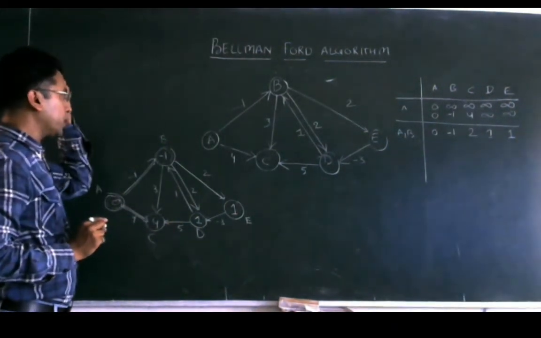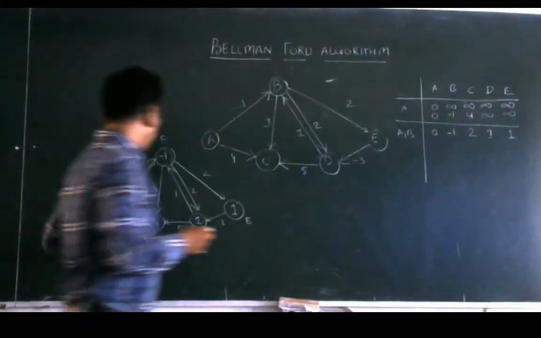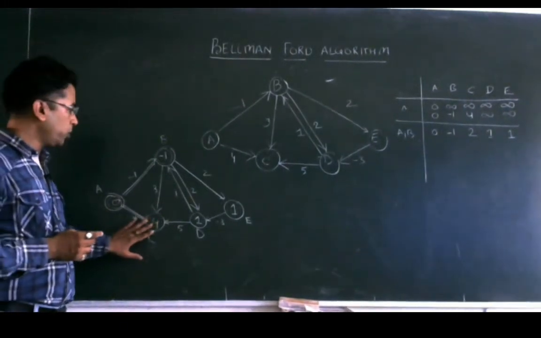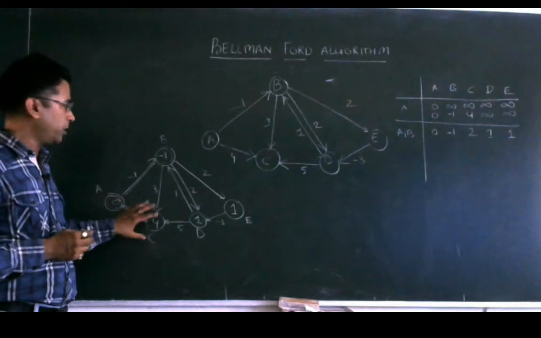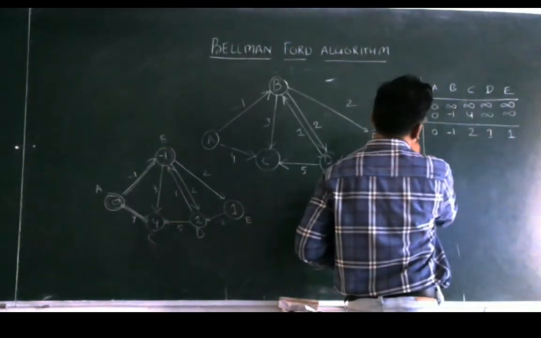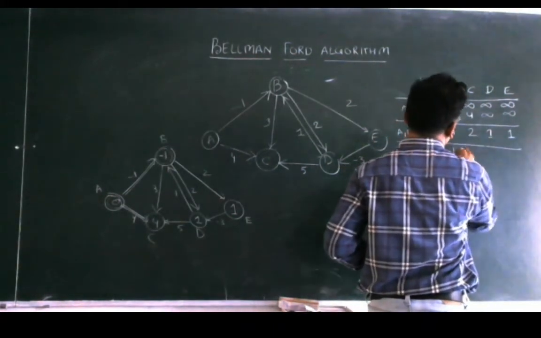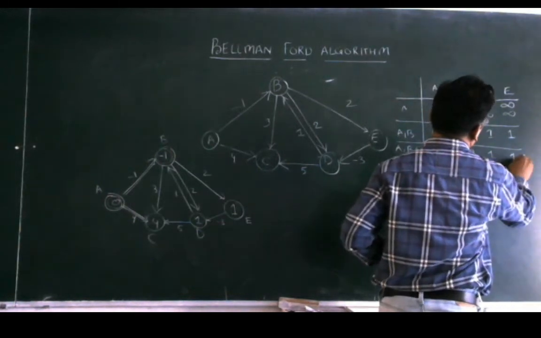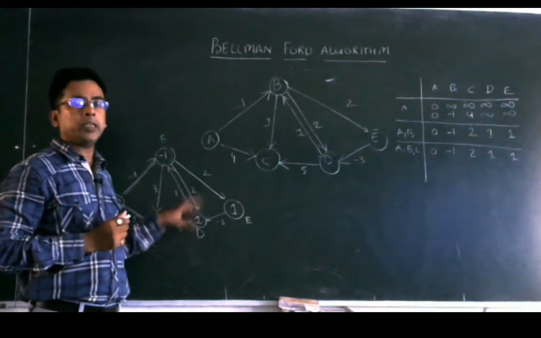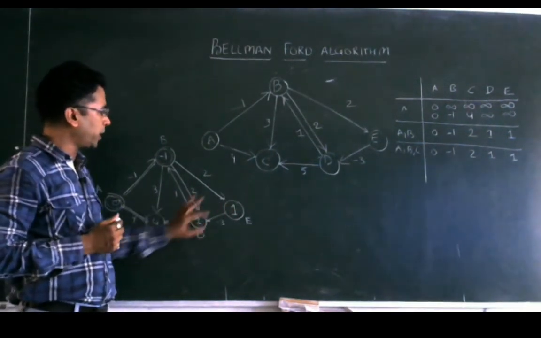Now we shall consider node C also. We shall use node C, but there is no outgoing edge from node C, so this will not help in any relaxation. So simply we shall get the same result for the combination of A, B, C: 0, minus 1, 2, 1, 1. None of the nodes could be relaxed by involving C in the procedure. So we shall opt for these two values, both at value 1.